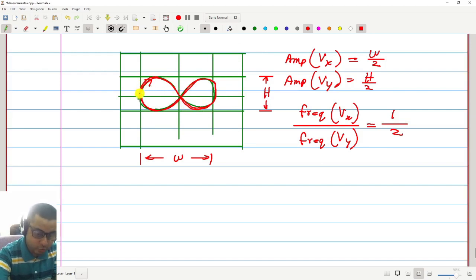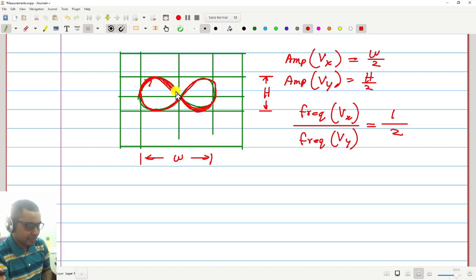Maybe the beam is moving at a uniform speed like this, or maybe it's moving like this, first slow and then fast. We are still getting the same display on screen, but the time versus voltage graph is different, right? For that I need to know the speed at each and every point, which I cannot.